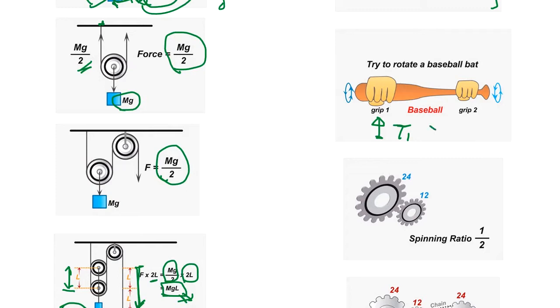For the same force, because the radius is larger. So you can try next time with your friends. You hold this side, and your friend holds the narrow side, and you twist the opposite side. See who wins. This side obviously wins.